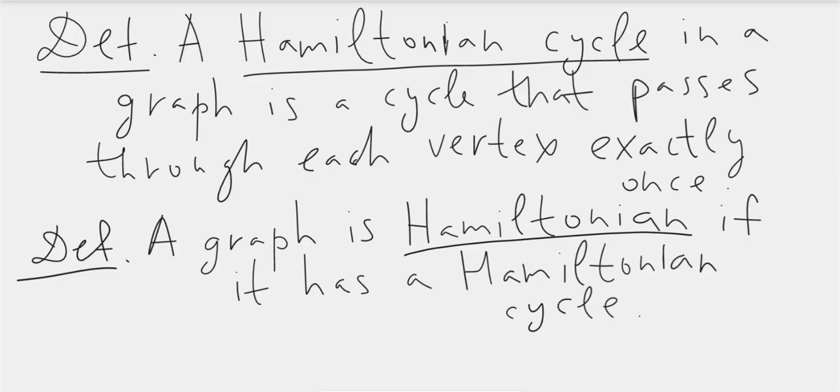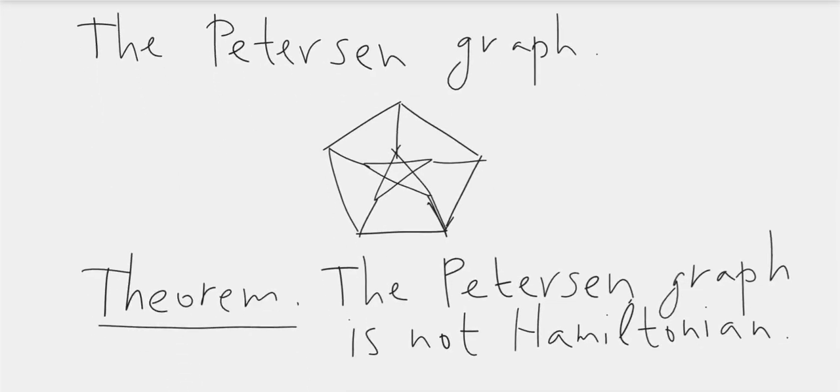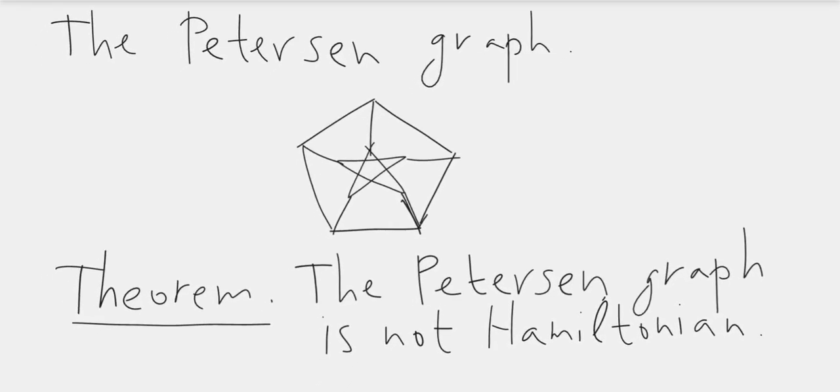Now we have the Petersen graph. It's defined like this, simply by drawing it: it has an external pentagon, an internal pentagon, and the crossing edges, 5 crossing edges.